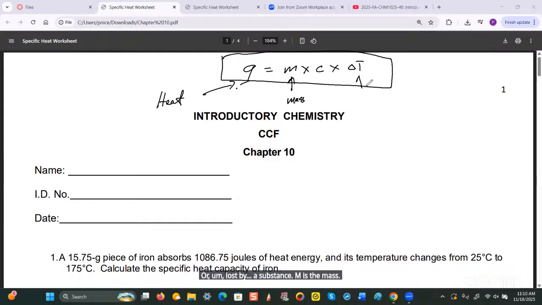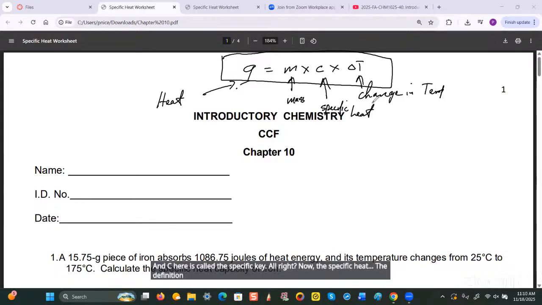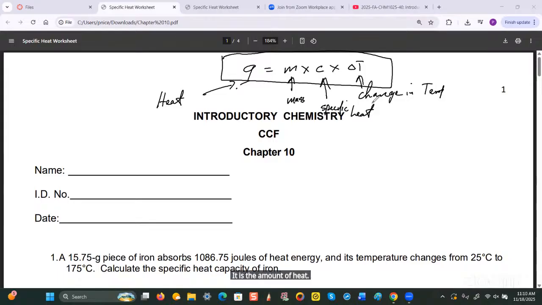Delta T is the change in temperature. And C here is called the specific heat. All right. Now the specific heat, the definition is given in the video. It is the amount of heat needed to raise the temperature of 1 gram of a substance by 1 degree Celsius.